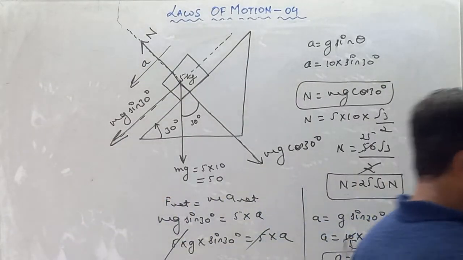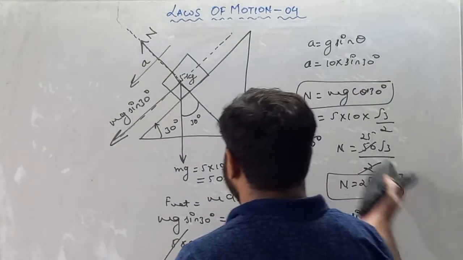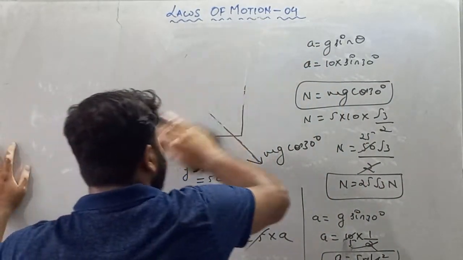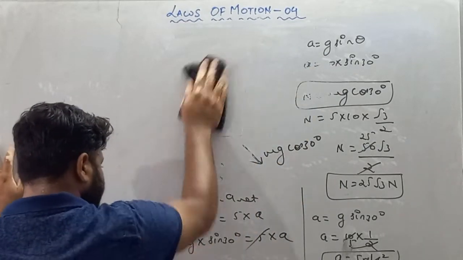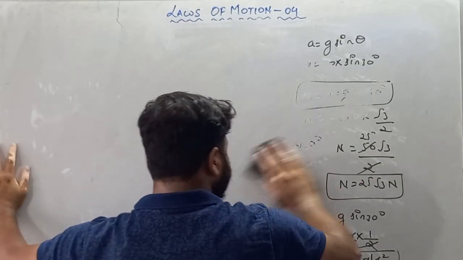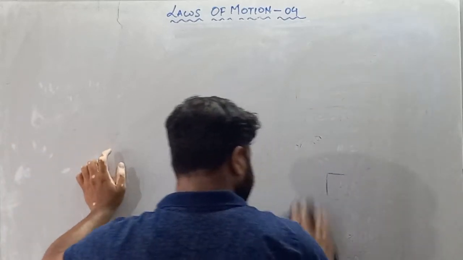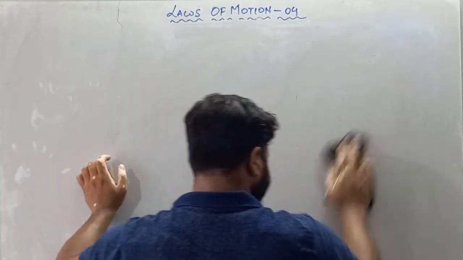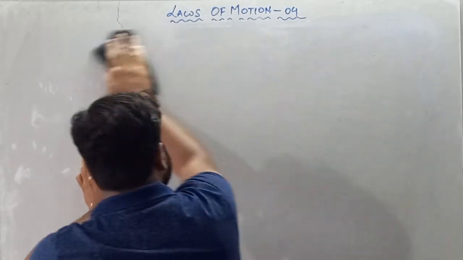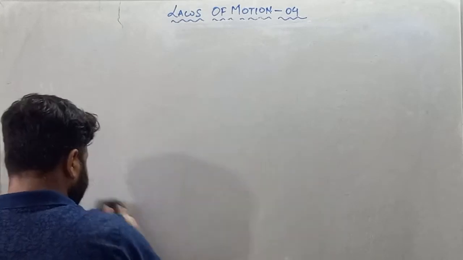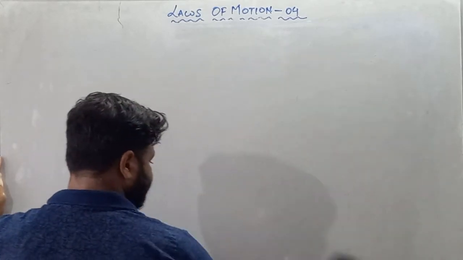Let's make one more example so that the picture will be clearer to you. Let's suppose we have two blocks placed on an inclined plane like this, my dear student.